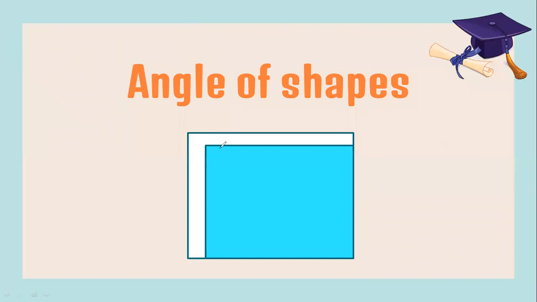You can see, students, just remember the concept of the angle, which is that there are two lines that meet at a point. And when we turn, the amount of turning, we call it an angle. So for example, we have this line, right?